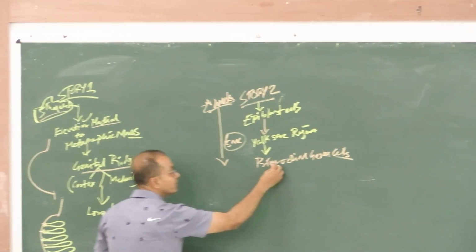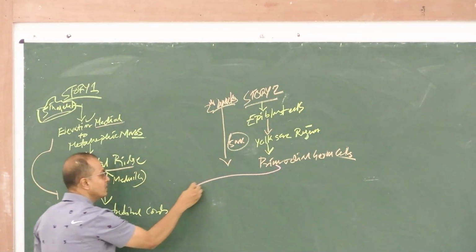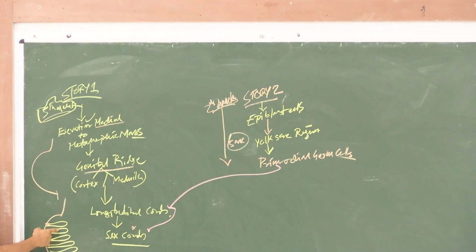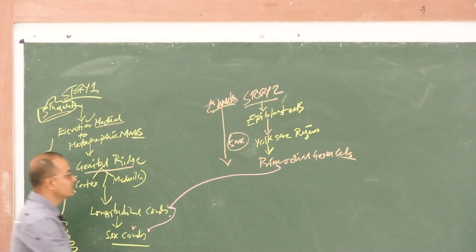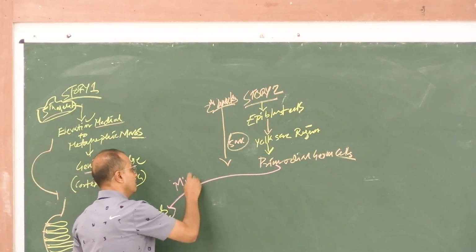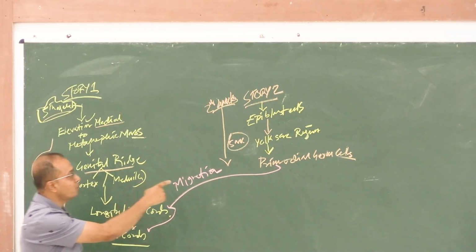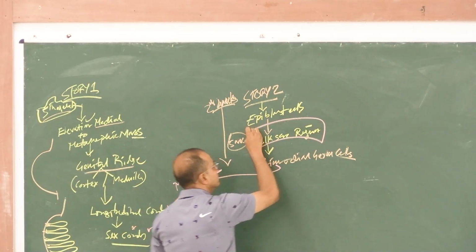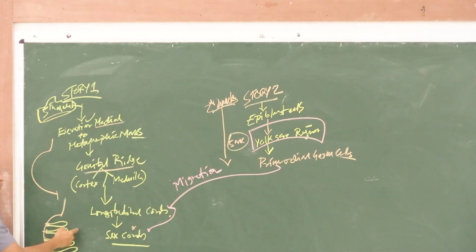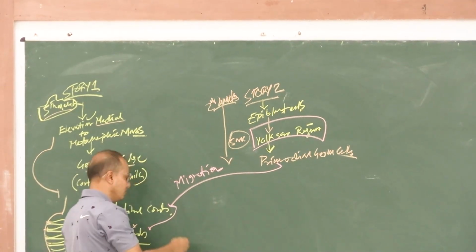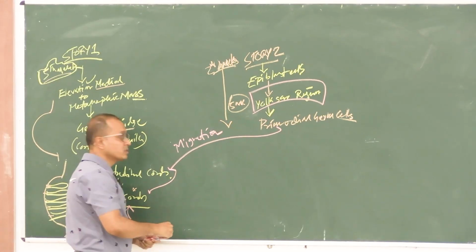So the primordial germ cells from the yolk sac move to the sex cord region in the genital ridge. They start migration, migrating from where? From the yolk sac region to the genital ridge, where they move into the sex cord region. And how do they migrate? They migrate along the dorsal mesentery.